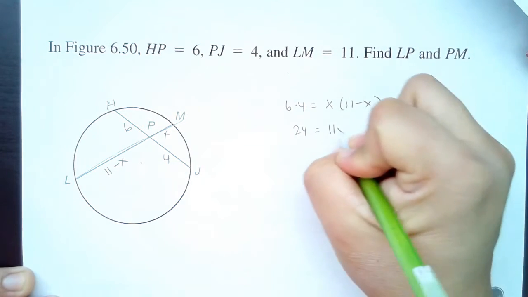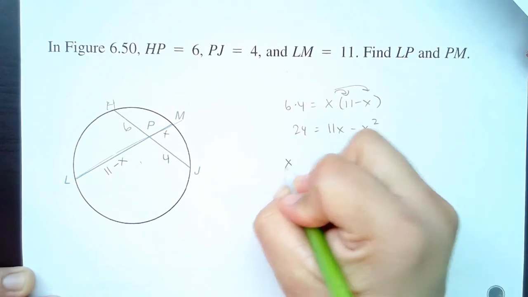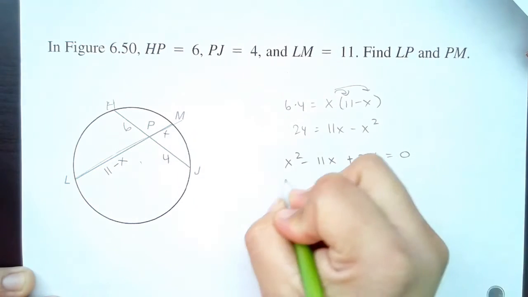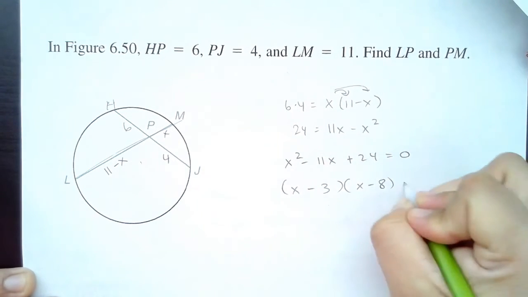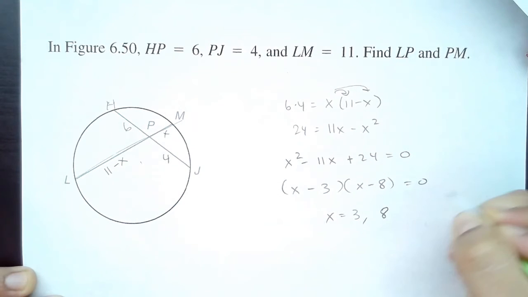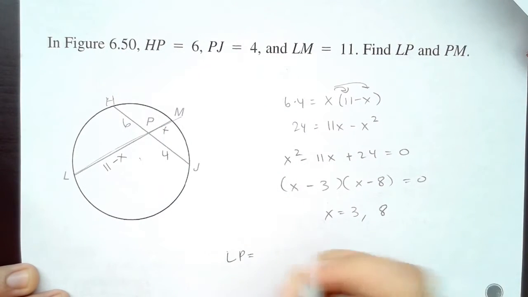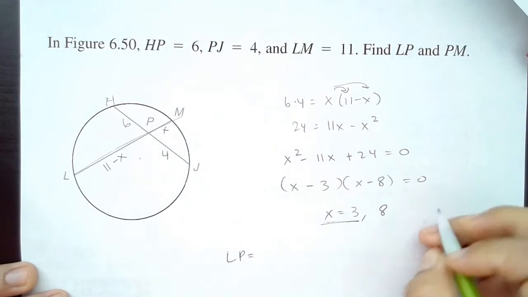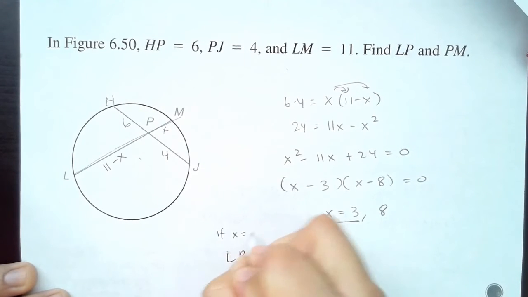So we get finally that x squared minus 11x plus 24 is equal to 0. Well, we can factor this. This becomes x minus 3 times x minus 8. So x is equal to 3 or 8. We have two cases, right? If x is equal to 3, we have that LP is 8 and PM is equal to 3.